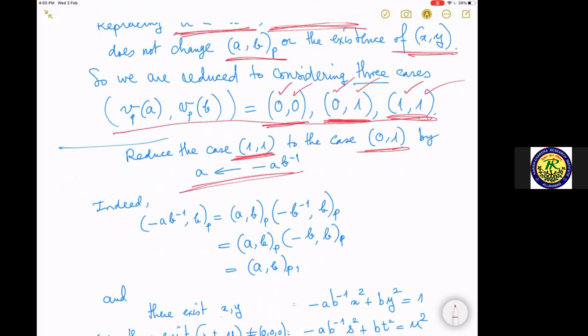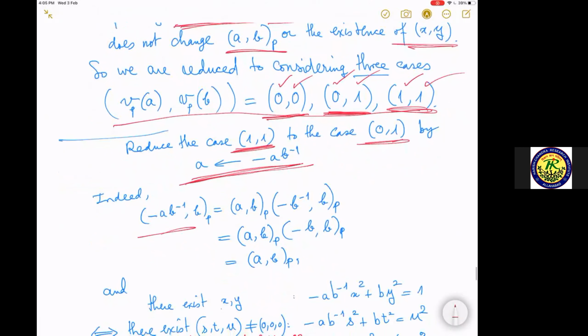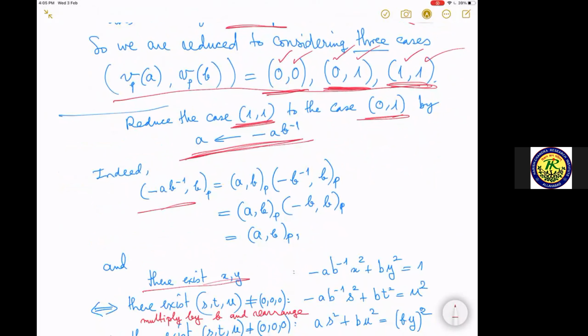Of course, you have to check that this replacement doesn't change the Hilbert symbol, and it doesn't change the existence of a solution. So let's check it for the Hilbert symbol first. What is (minus A B inverse, B) at P? By multiplicativity, it's (A, B)_P and (minus B inverse, B)_P.